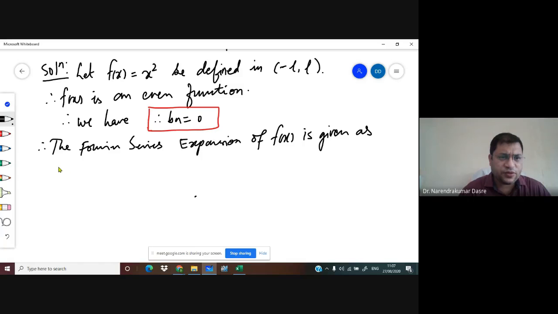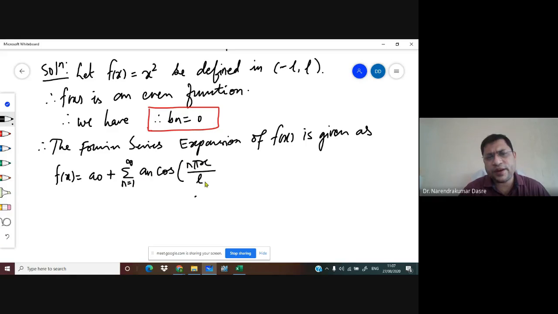So what do you have? f of x is equal to a0 plus summation n running from 1 to infinity an cos of n pi x by L. Let this be equation 1, where please be careful now.